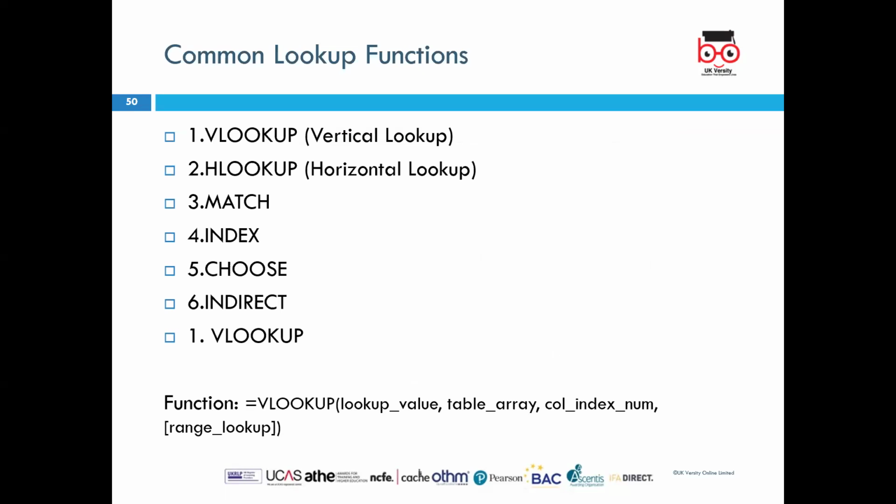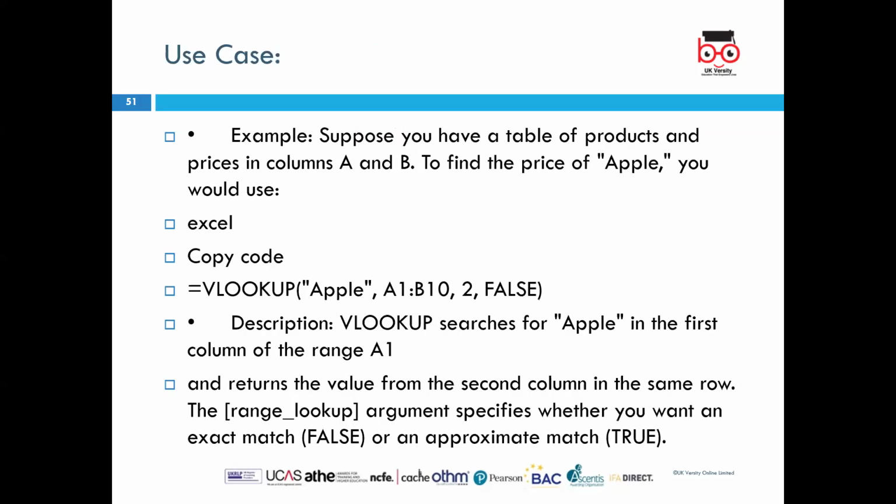So the common lookup functions are VLOOKUP, HLOOKUP, MATCH, INDEX, CHOOSE, INDIRECT, and XLOOKUP. So we will now have a use case for each of them. For VLOOKUP, the example says, suppose you have a table of products and prices in columns A and B. To find the price of Apple, you should now use this function in Excel.